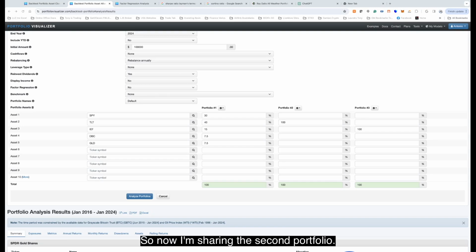So now I'm sharing the second portfolio, and I'm going to add Bitcoin, /BTC. Hugh said he would put 40% of his money in the S&P 500. Grab onto your seats, boys and girls: he would put 40% of his money in Bitcoin, and then 20% on TLT 2026 LEAPS.